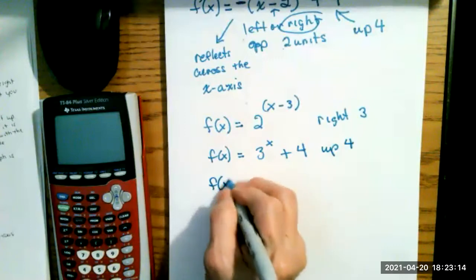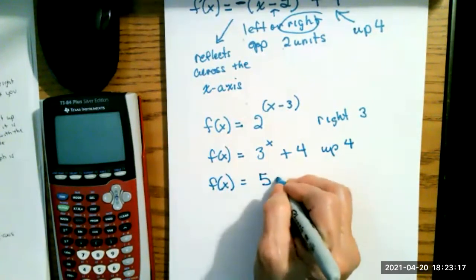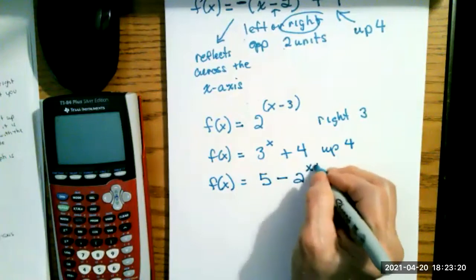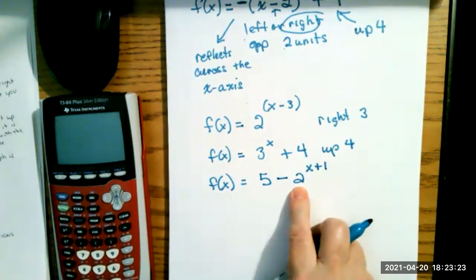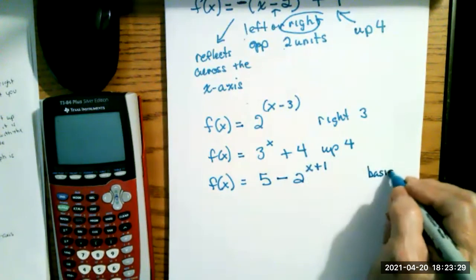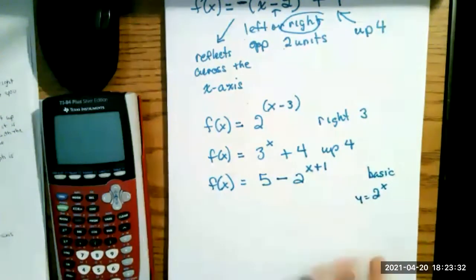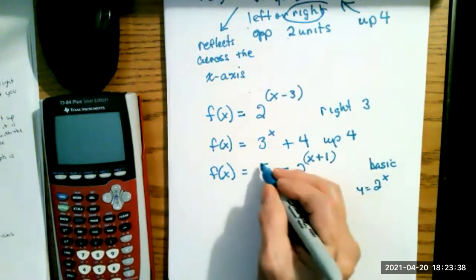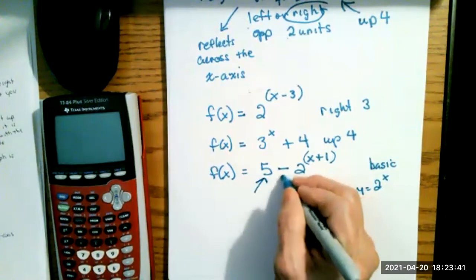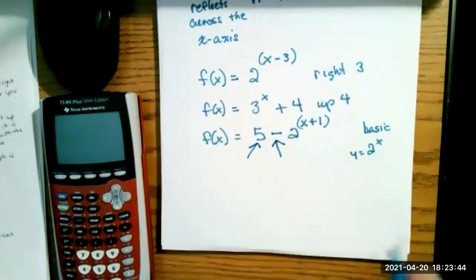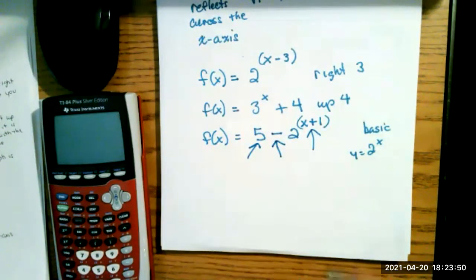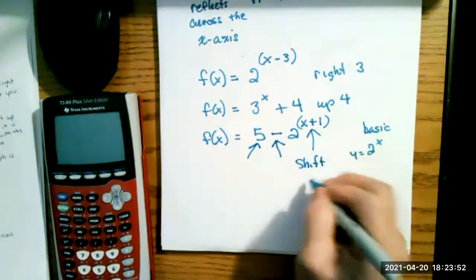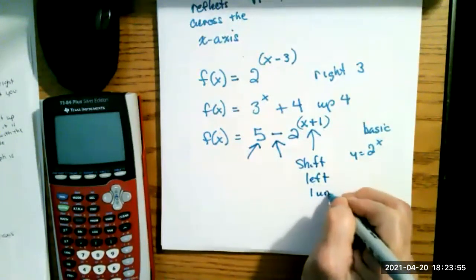Let's make it a little harder. What if we had 5 minus 2 to the x plus 1? Look for the part of it that is the exponential. Your basic one in this case would be 2 to the x. But then you've got a shift right here, and you've got a shift because of the minus. So somebody tell me what this one inside is going to do. It's going to shift to the left 1 unit.